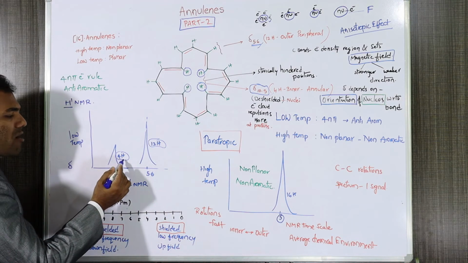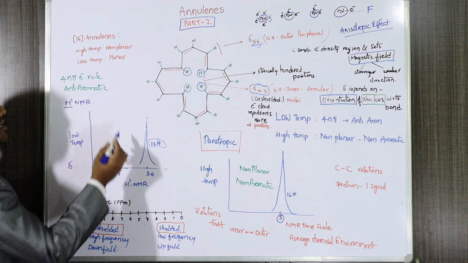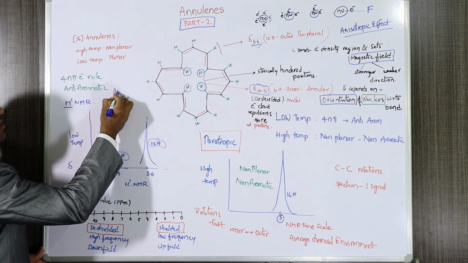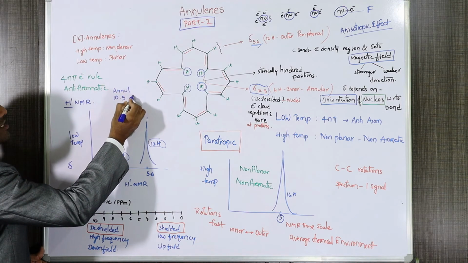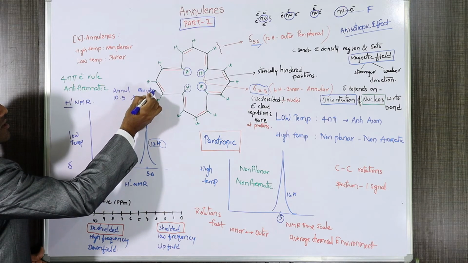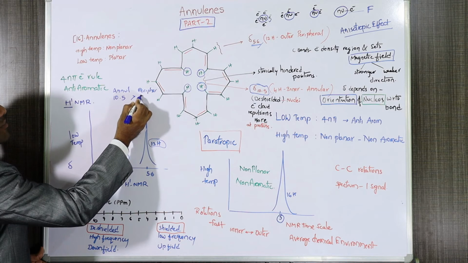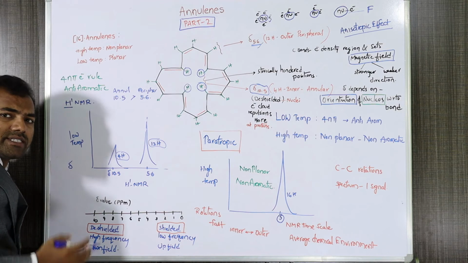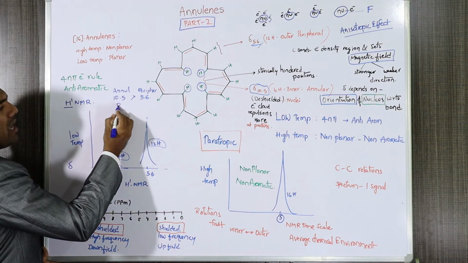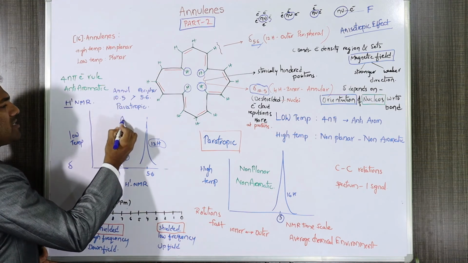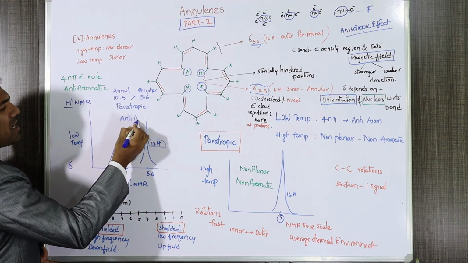If the chemical shift value of the annular hydrogens, that is 10.5, is more than that of the peripheral hydrogen atoms, that is 5.6, then we can say that it is of paratropic nature, and also we can say it is an anti-aromatic compound.